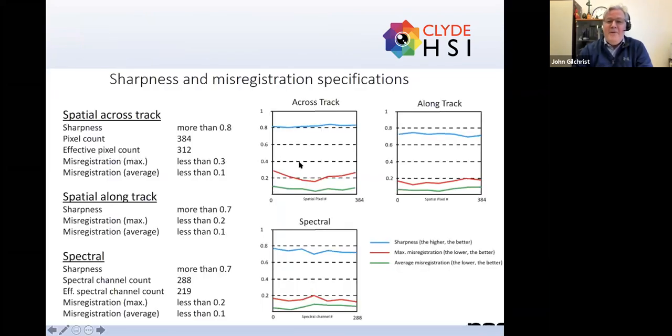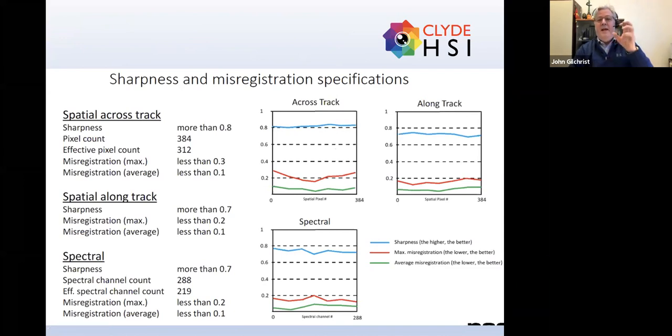So when we talk about the sharpness of a camera, if we look across the track or along the track, then the value is the blue line here. So the higher the value, the sharper the camera. The lower the value, the less sharp the camera is.